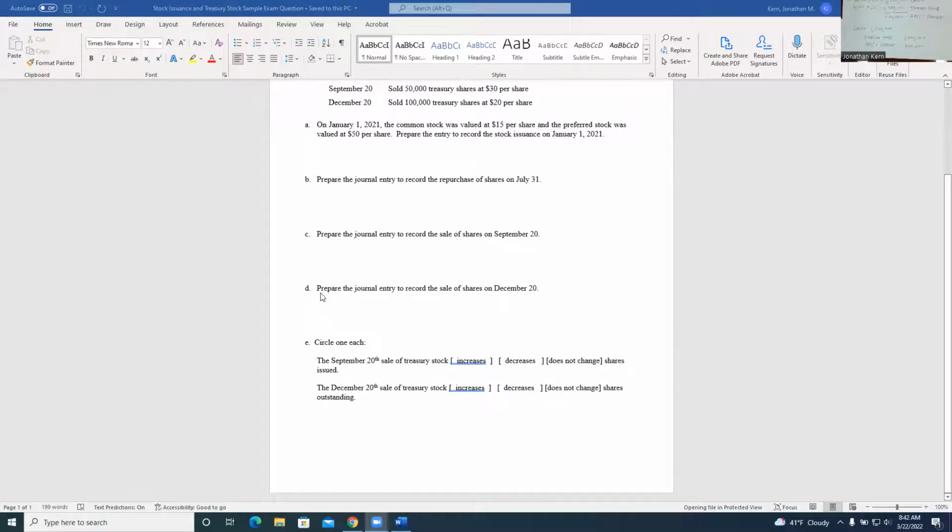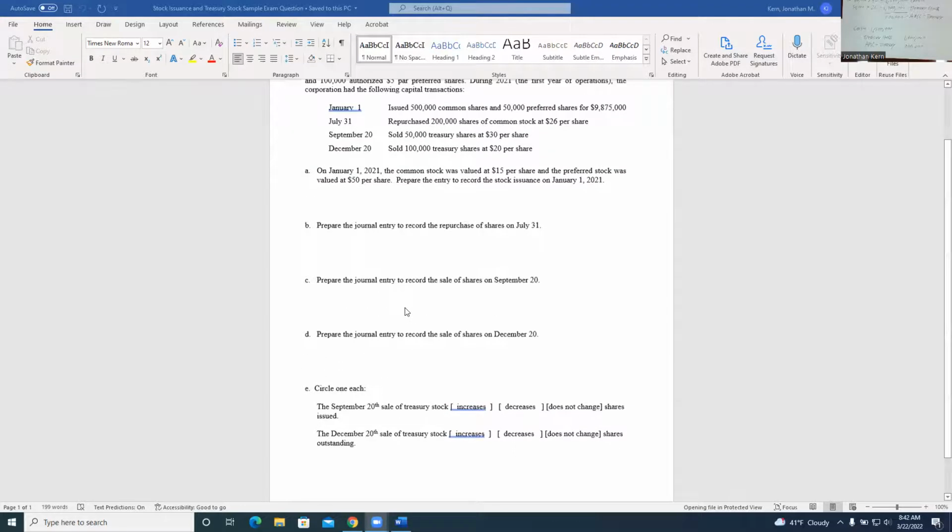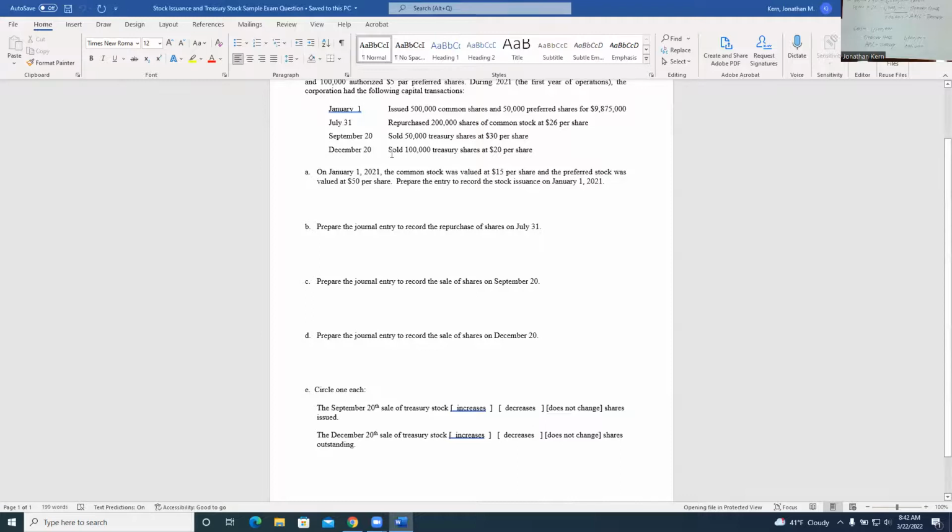D asks us to prepare the journal entry to record the sale of shares on December 20th. On December 20th, they sold 100,000 shares at $20 per share. So here we have a loss. When we have a loss, we're first going to eliminate our APIC Treasury and then put the remaining difference to retained earnings.